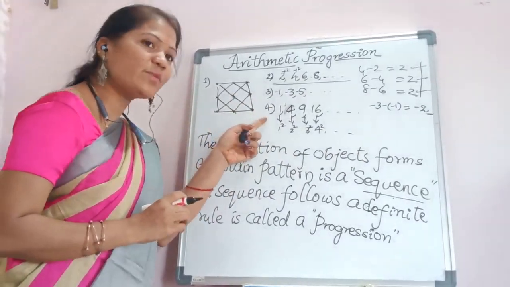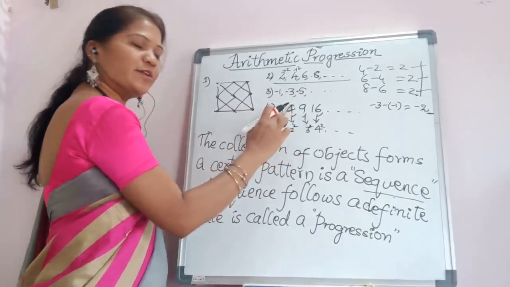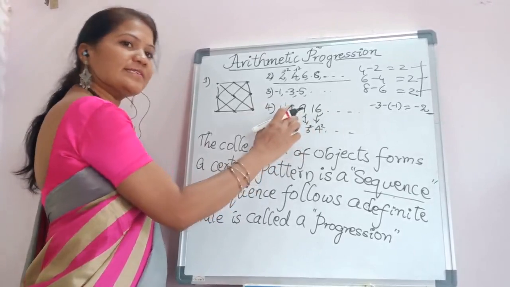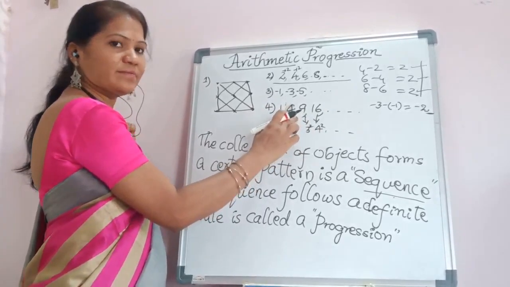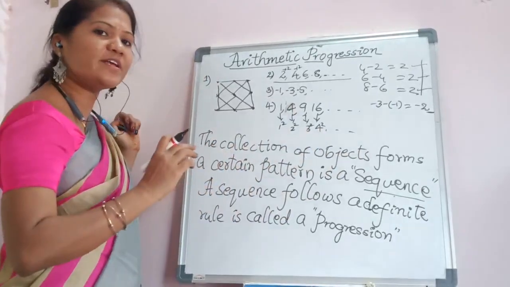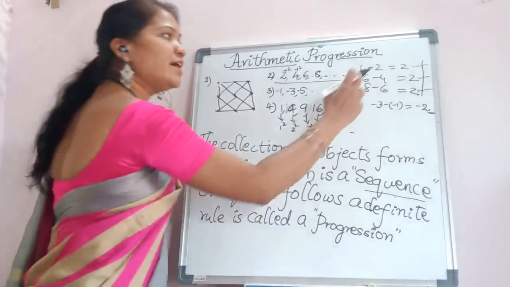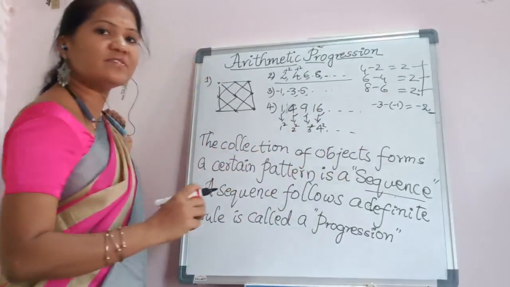What about this sequence? 2 squared, 4 minus 1 is 3, 9 minus 4 is 5, 16 minus 9 is what? 7. Right? So these terms are arranged in a pattern, forming a sequence. But the sequence is not following that rule. What is that rule? That the consecutive terms difference is a constant.